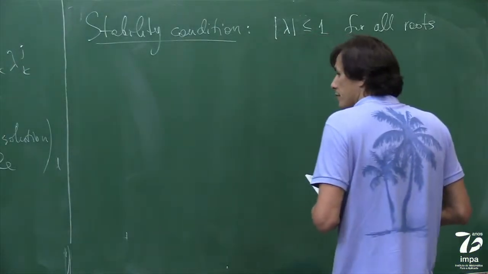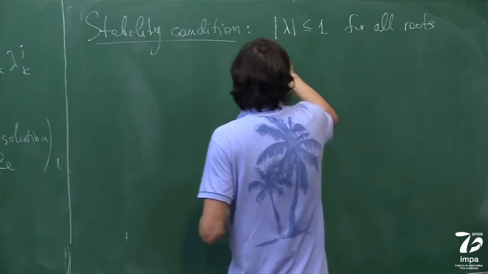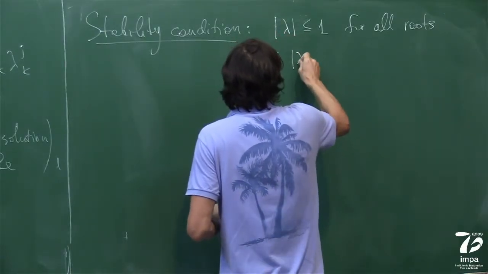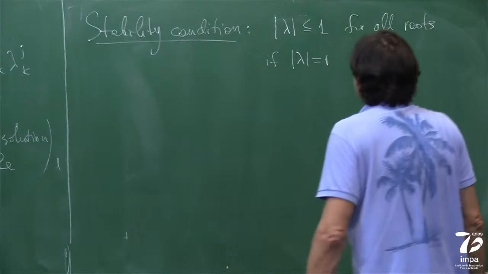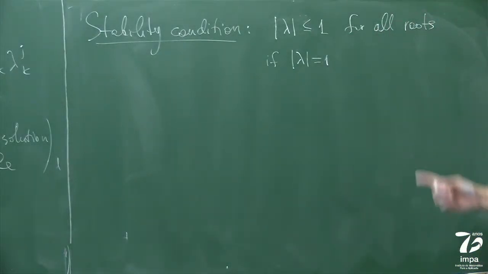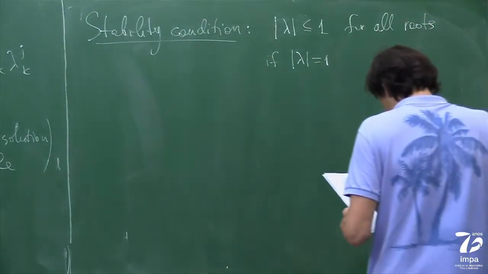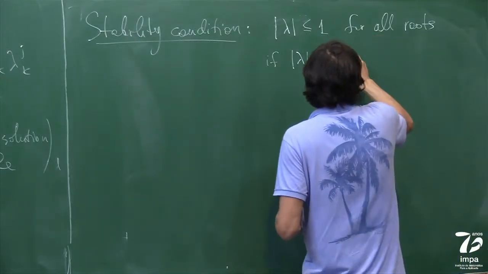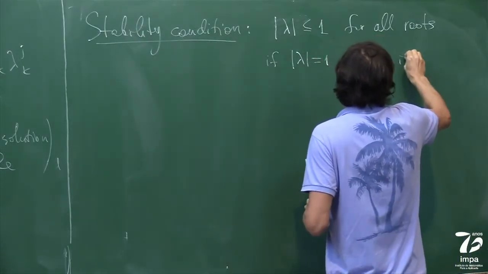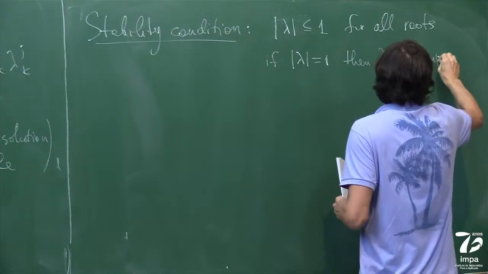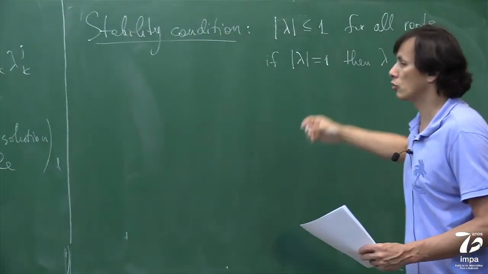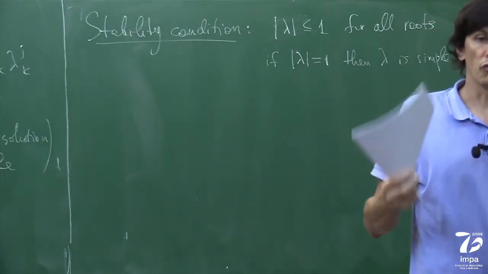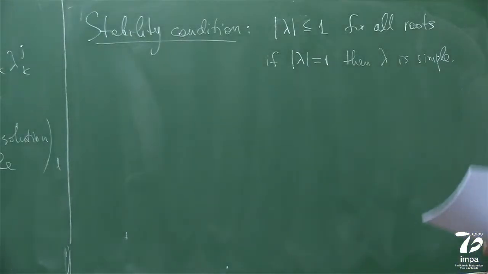And the second condition is that if the absolute value is 1, then it cannot be repeated, right? Then lambda is simple. So there cannot be two equal roots which have absolute value 1.